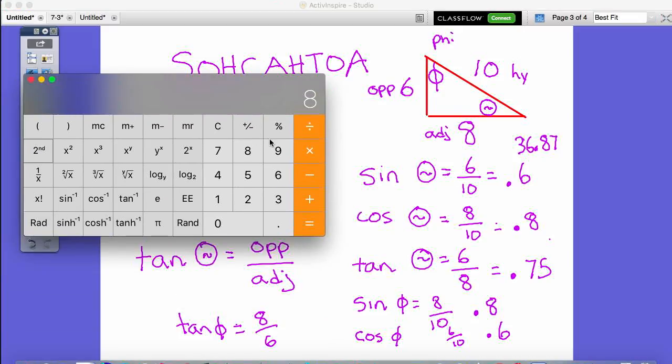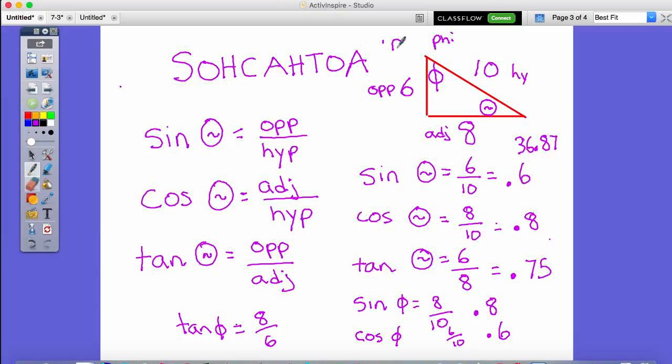So 8, let me clear this. 8 divided by 6 equals 1.333. I'm on second. Since I have this in, I'm going to do the inverse tangent. 53.13. Which makes sense because 36.87 and 53.13 add up to 90.